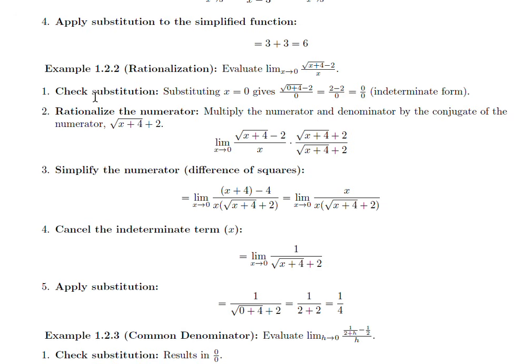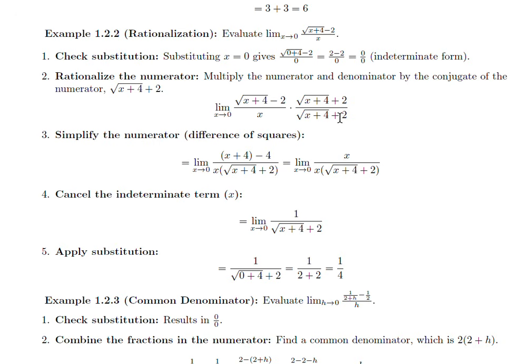Now, but first we go by the usual process, direct substitution. Our a is 0, so we plug in 0, and this gives us 0 over 0, which is indeterminate or undefined, and so we have to apply a technique. In this case, rationalization can be of help.